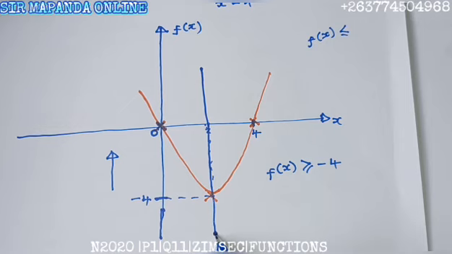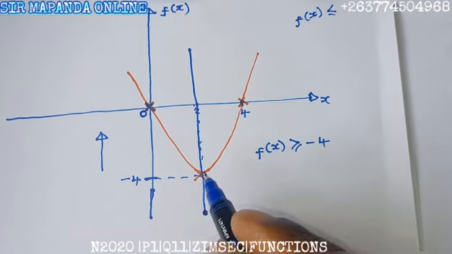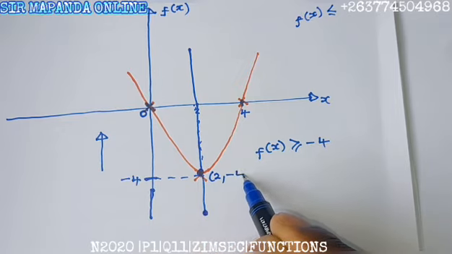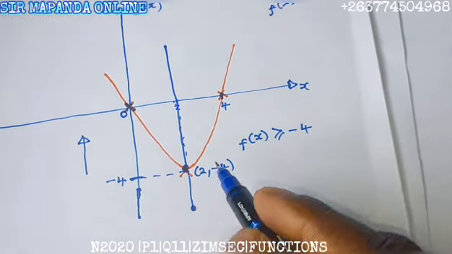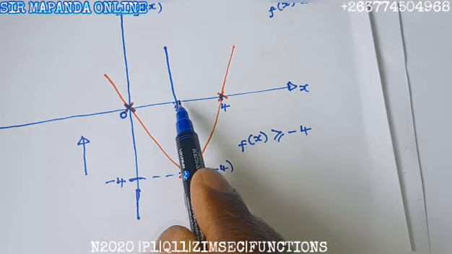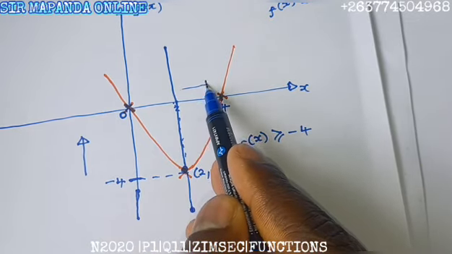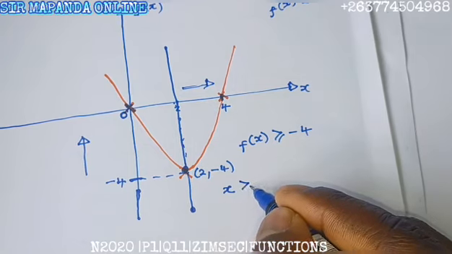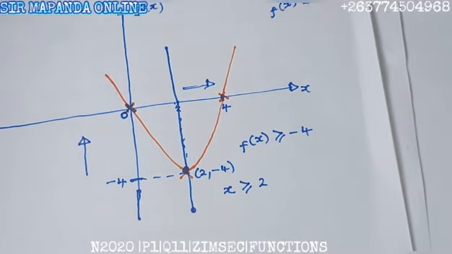I hope you are following. So if you have 2 and minus 4 here, the values of x will then start from 2 moving in this direction. So you are simply saying x is greater than or equal to 2 for the graph to be one-to-one. I hope you are following.